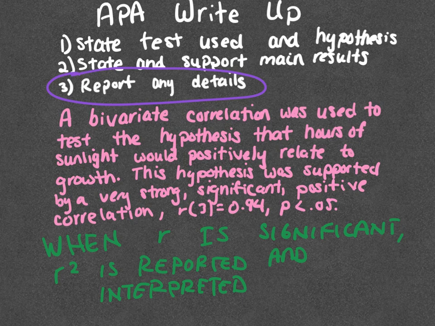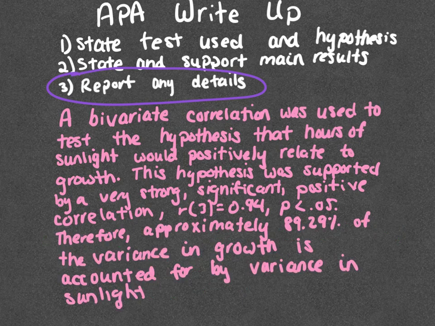It'll be the last sentence of our paragraph. However, if r is not significant, it means that x and y don't show any clear connection, and thus there's no reason to report the r squared. So when your r value is not significant, and thus your hypothesis is not supported, you don't have a third sentence to report in APA. We only use this third sentence when we had a significant result for r.